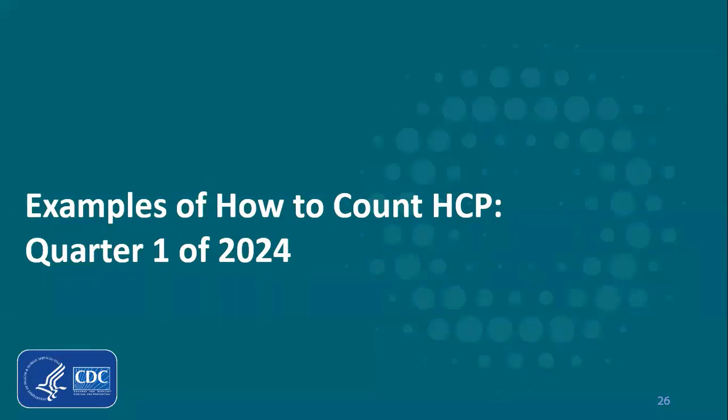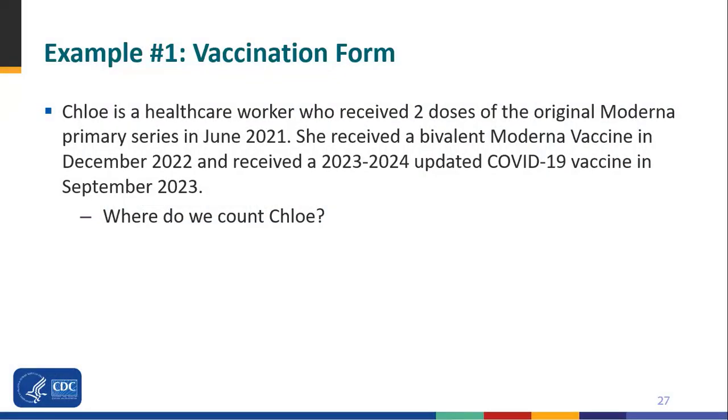Now let's review a few examples of how to report COVID-19 vaccination status for healthcare personnel. This example focuses on Chloe, who is a healthcare worker. Chloe received 2 doses of the original Moderna primary series in June of 2021.